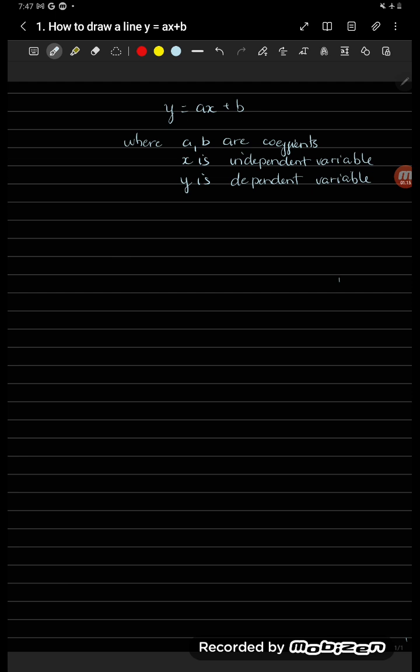Y is a dependent variable because it depends on x.